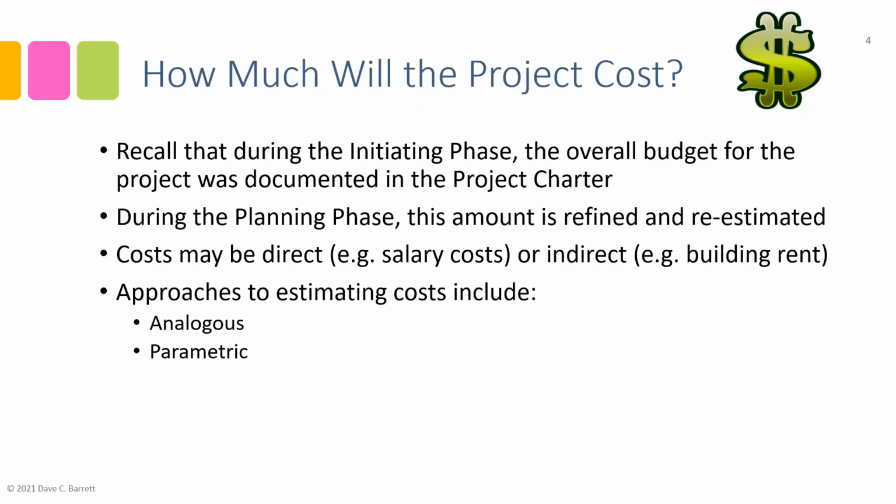There are other examples of parametric estimating. For example, much of the building industry uses parametric estimating, such as if you're installing carpet. You go to a home renovation store, and they might say, okay, this carpet or flooring is $5 per square foot for the materials.